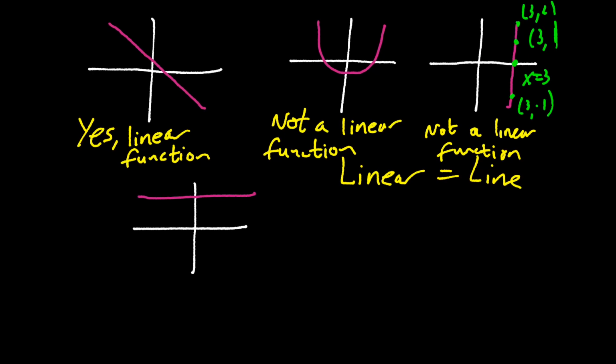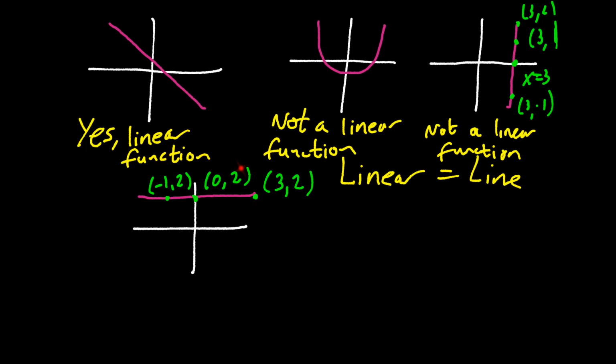Down here, we also have a straight line, but notice that it is going from left to right. So if I were to create a couple points on it, we'll call this (0, 2). We can call this (-1, 2), and we can call this (3, 2). Just some random points there.